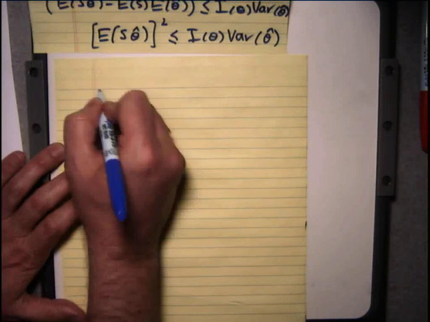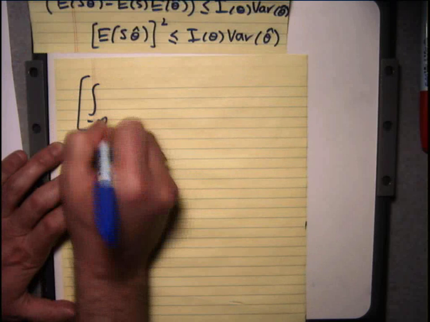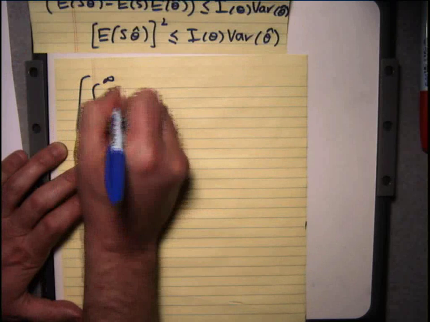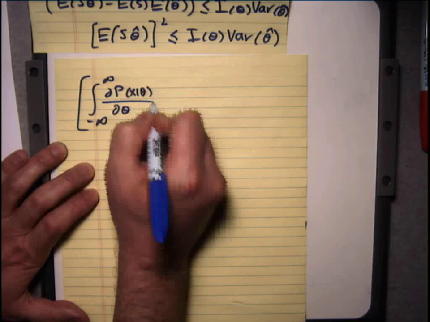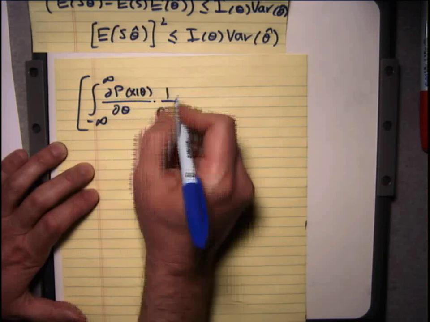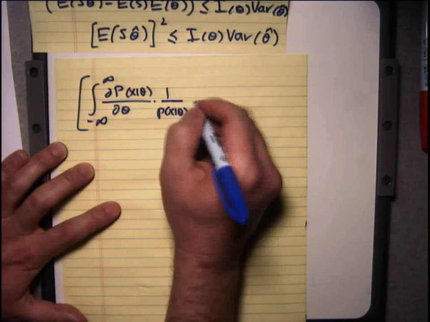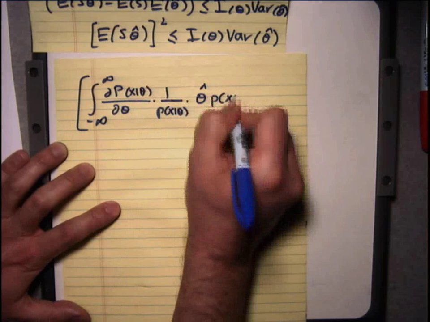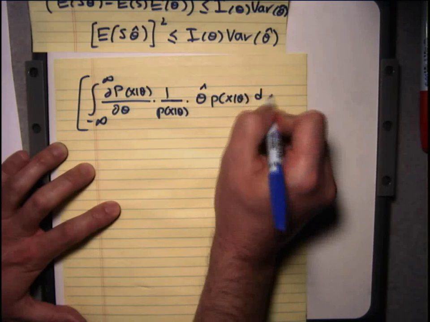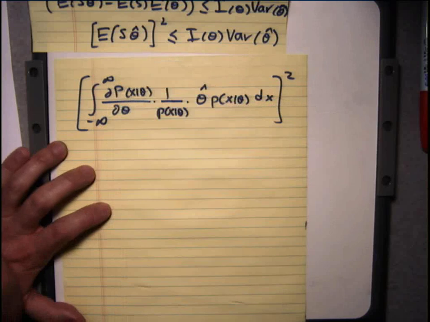This is the integral, this whole thing squared, from minus infinity to infinity, dp of x given theta d theta, times 1 over p of x given theta, times theta hat p of x given theta dx, squared. So this is the left-hand side.